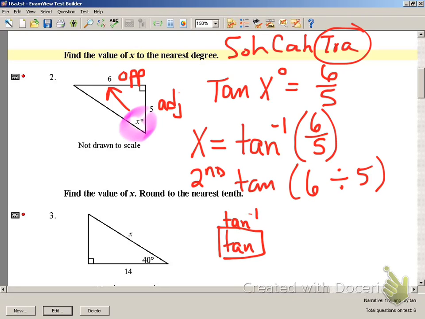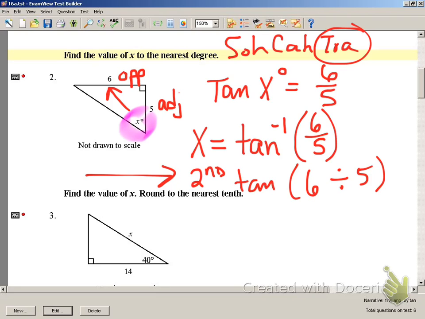We are looking for an angle measure. Anytime you are looking for an angle measure, you will be using the inverse function, whether it's sine, cosine, or tangent. Now, if you are not using my graphing calculator, you may have to go 6 divided by 5 equals to get that decimal number, then go second tan. If your calculator does order of operations, this is the way that you need to put it in the calculator.